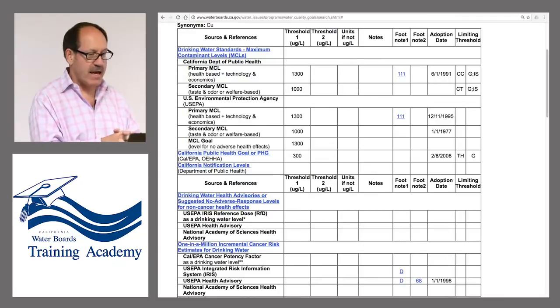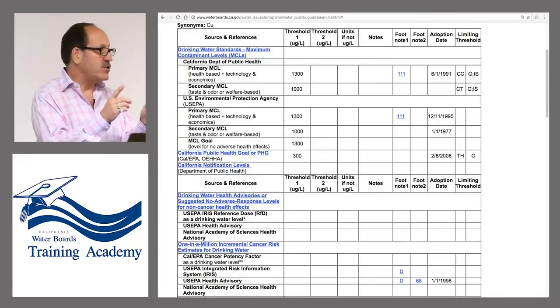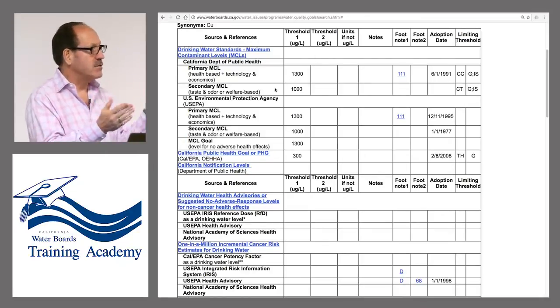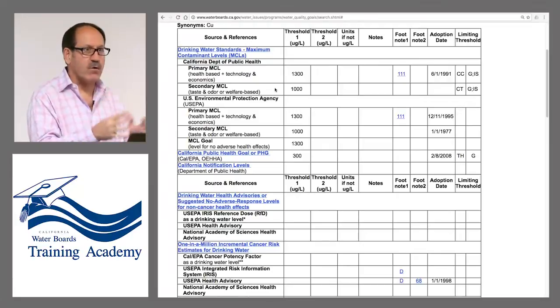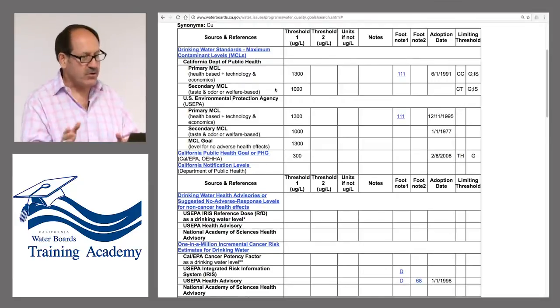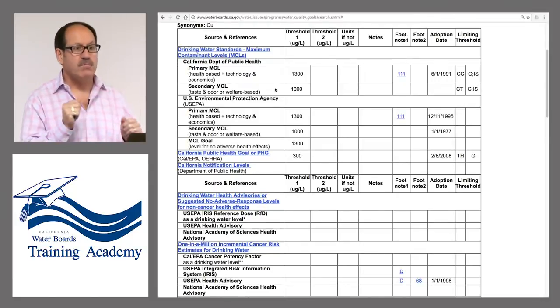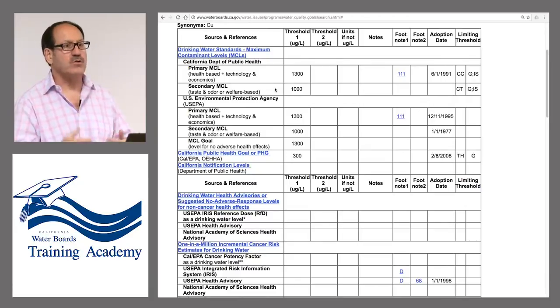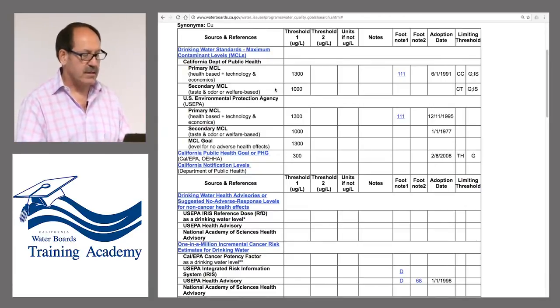Or you may have a situation where it's actually a range of concentrations or a range of numeric limits, like for pH, 6.5 to 8.5 to protect aquatic life. Okay? The footnotes will always tell you the relationship between threshold 1 and threshold 2 if there are two thresholds in the database.